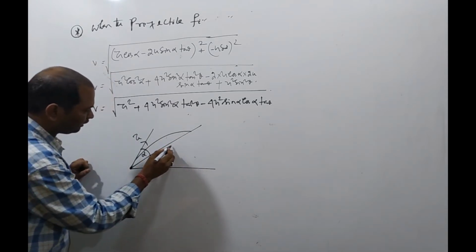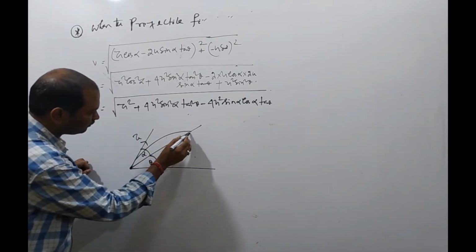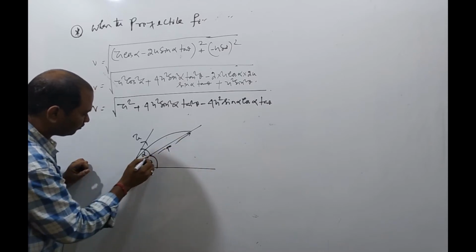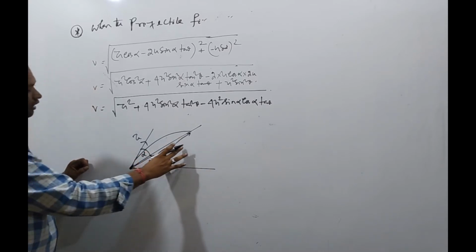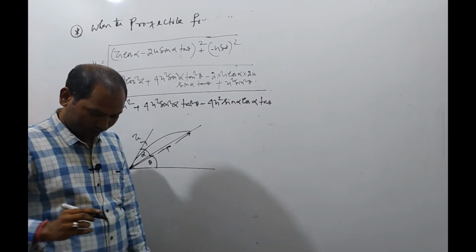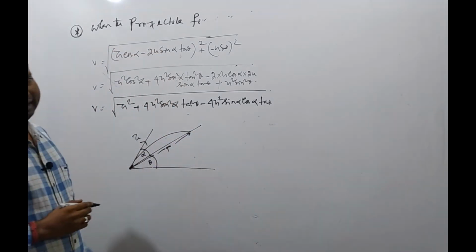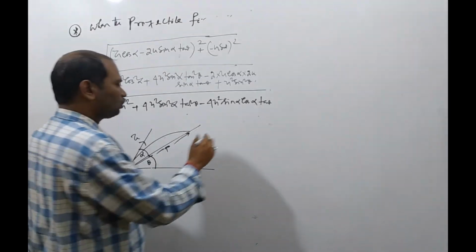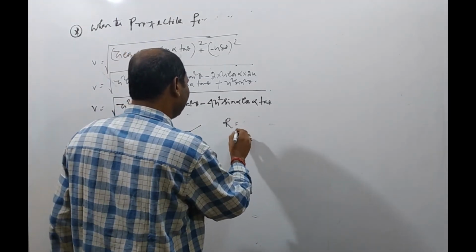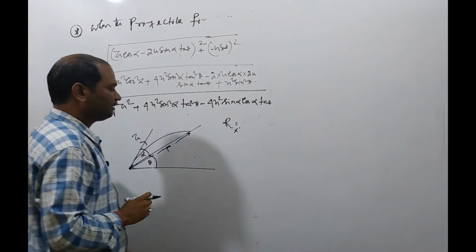This is the horizontal range R. Horizontal range R. So here range is happening in x dash axis. Okay. So range R is equal to Rx dash.